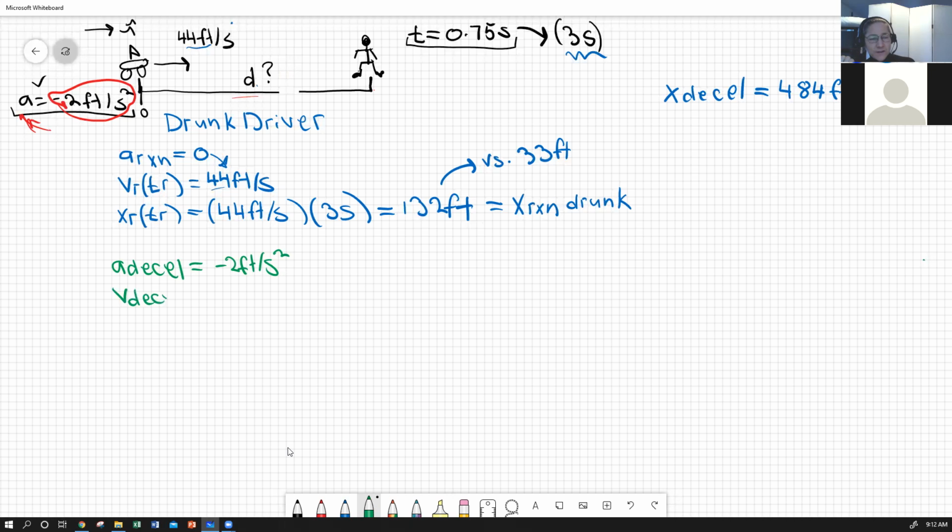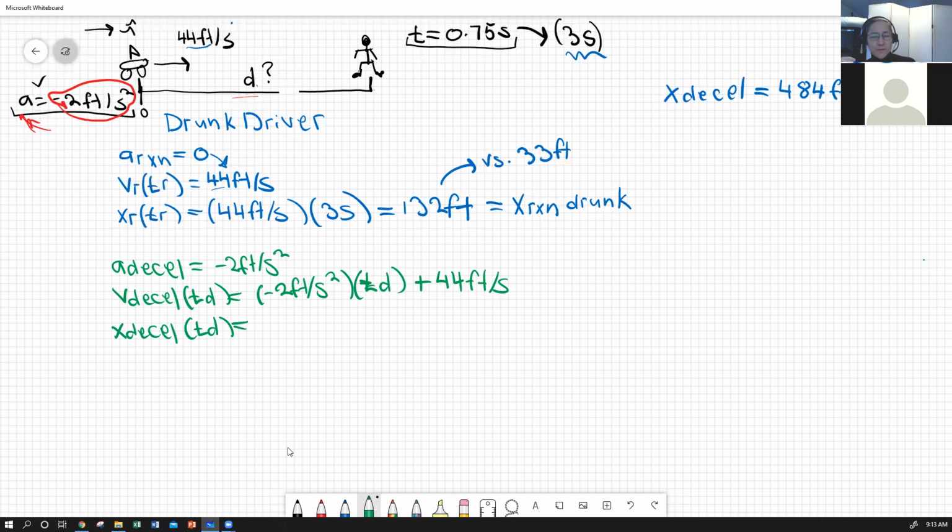The velocity during deceleration from the time we start decelerating is -2 feet per second squared times the time from when we put the brakes on, plus initial velocity of 44 feet per second, because we weren't decelerating during the reaction time.